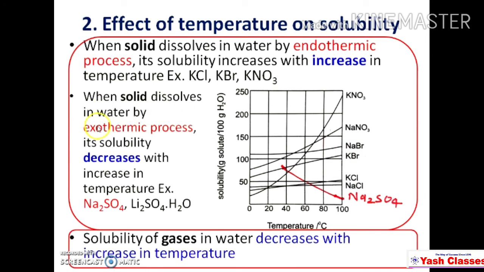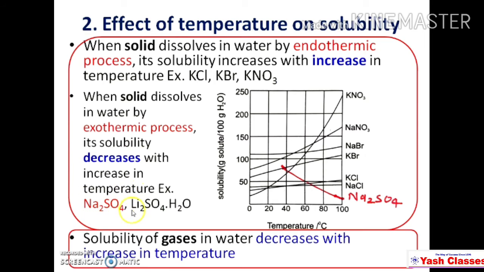Now, when a solid dissolves in water by an exothermic process, its solubility decreases with increase in temperature. What does it mean? Some solids, when they dissolve in a solvent like water, evolve heat, and such a dissolution process is favored by low temperature, by Le Chatelier's principle.